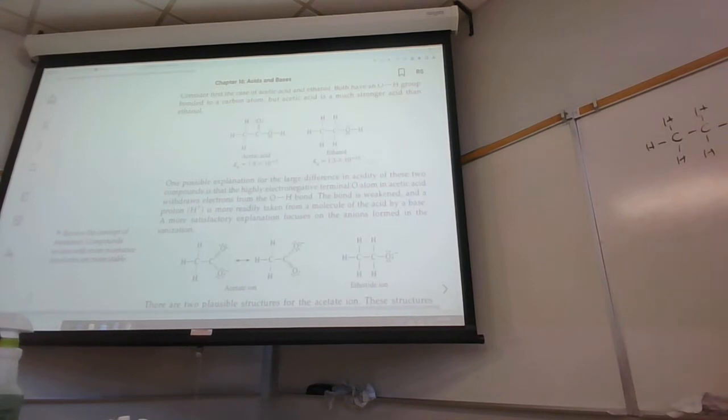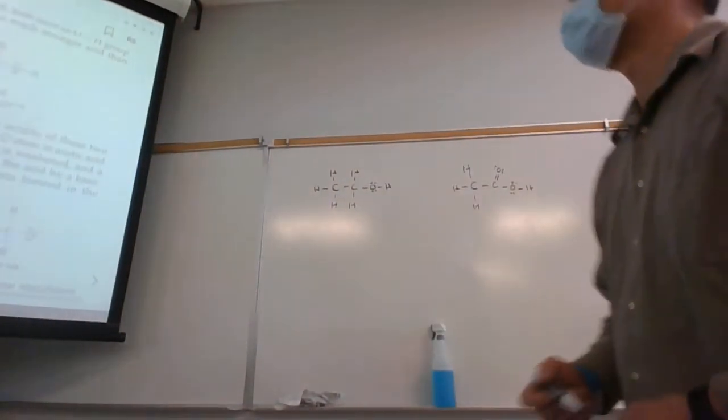And this is an alcohol group, and it's a C-O-H group. But acetic acid has the same group, which is the hydroxyl group. Ethanol is not really considered an acid. It's extremely weak, whereas acetic acid is orders of magnitude stronger.